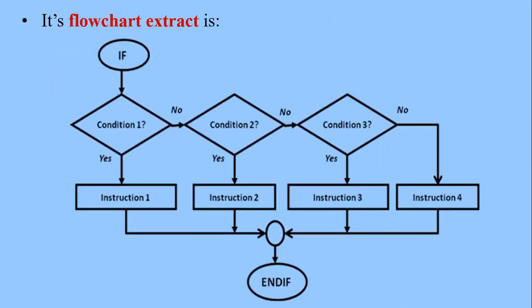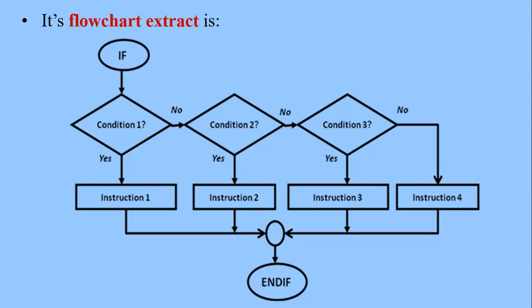Now, the flowchart for both is as follows. If condition 1 evaluates to true, execute instruction 1. Else, if it evaluates to no, move on and check condition 2. If condition 2 evaluates to true, to yes, execute instruction 2.